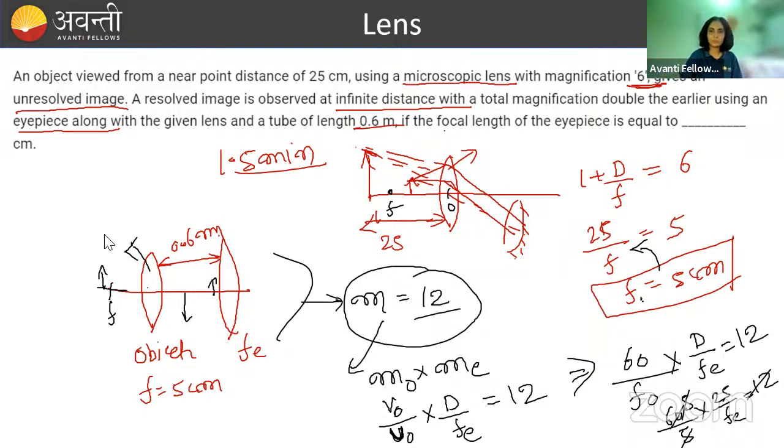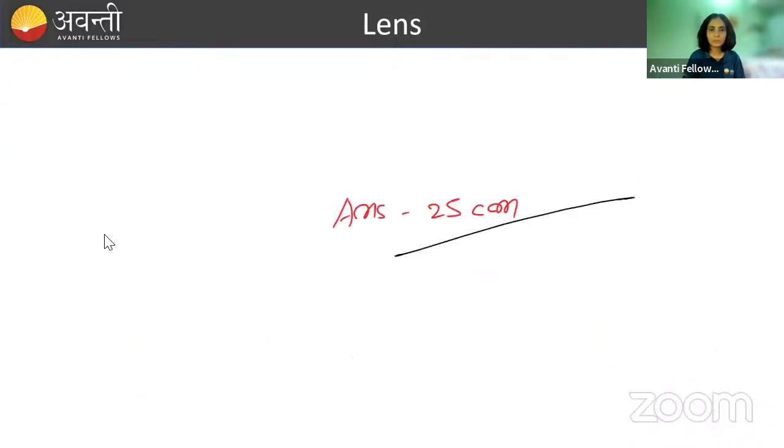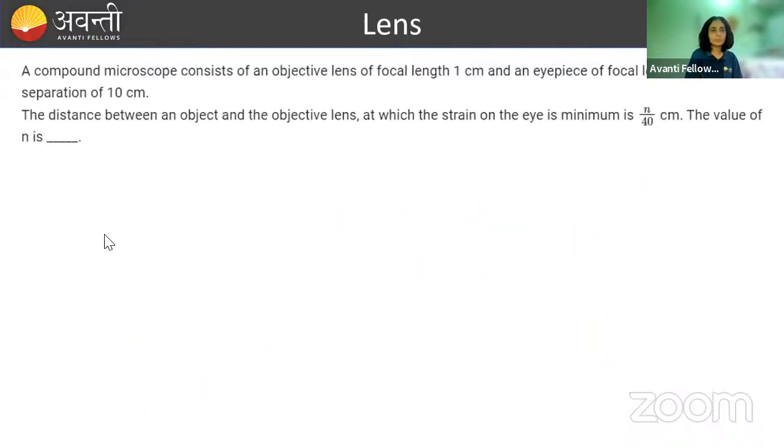No doubt. Okay. So now let's move on to the next question. So this is the next question. Again, take your 1.5 minutes and solve it. Take your time and do it.